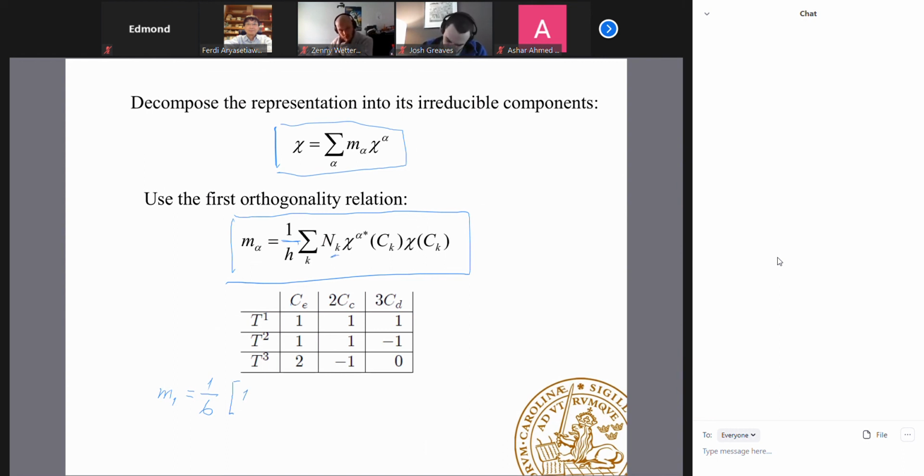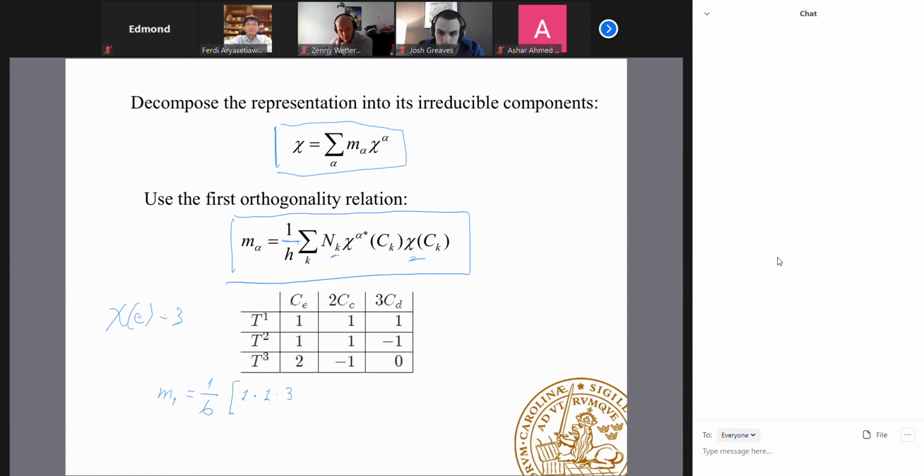So that's 1 like this. And the character of the first representation for the first class is just 1. And the character is 3, because chi of the unit element is equal to 3. So that's why we have 3 here for this one.